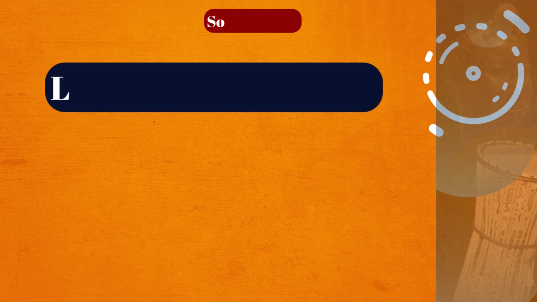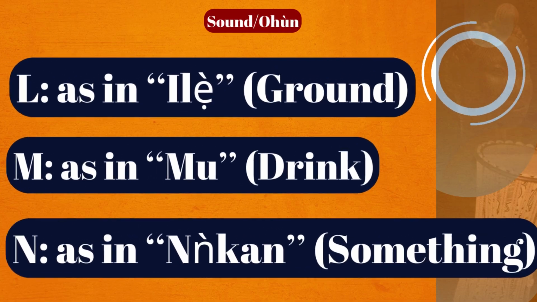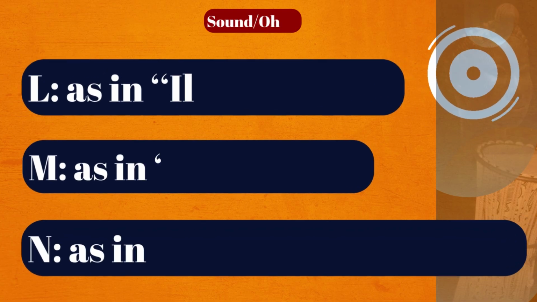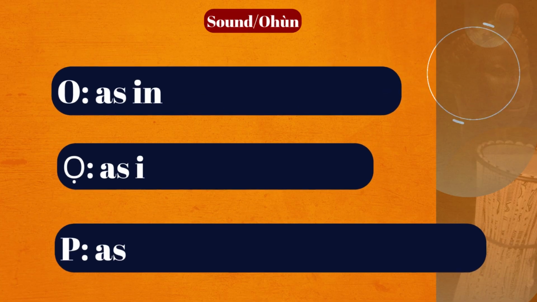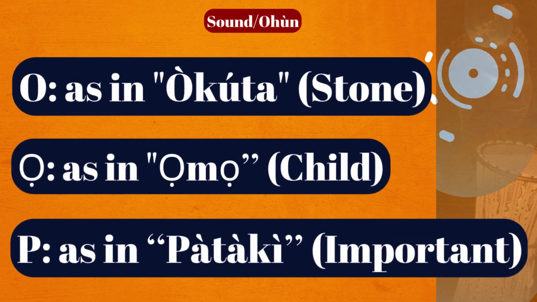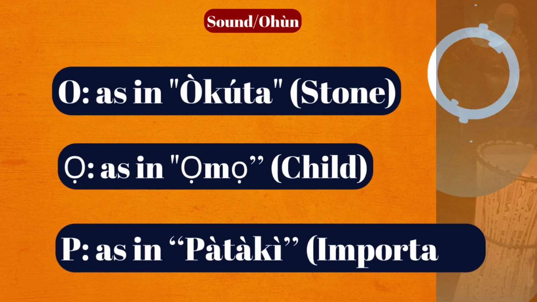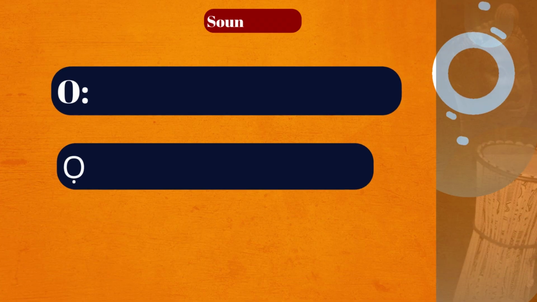Mi, mu, to drink. Drink, that's mu. Ní, nǹkan, meaning something. O, òkúta, meaning stone. Ọ, as in ọmọ, meaning child.